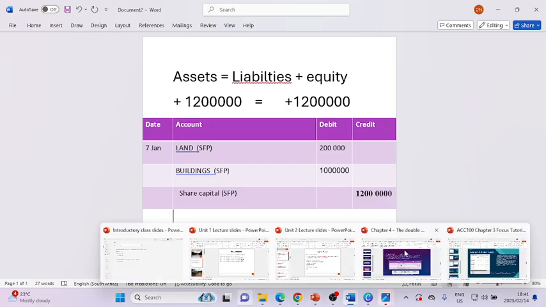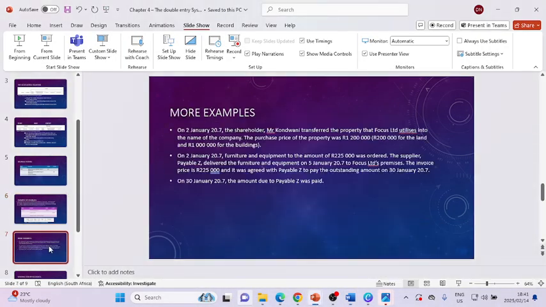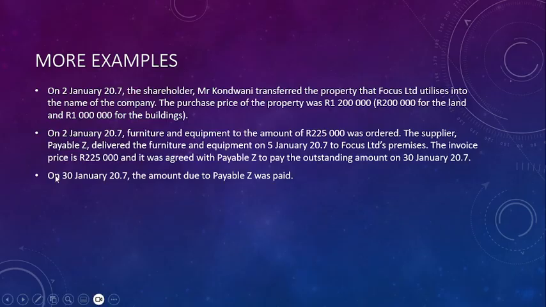that we are going to have is, it says that on the 2nd of Jan, furniture and equipment to the amount of 225,000 was ordered. Again, we must read carefully. It was ordered on the 2nd of January.